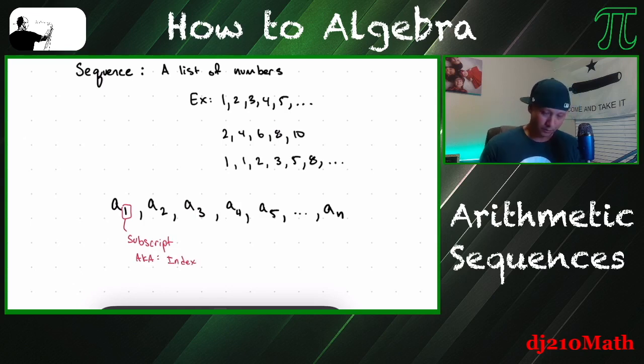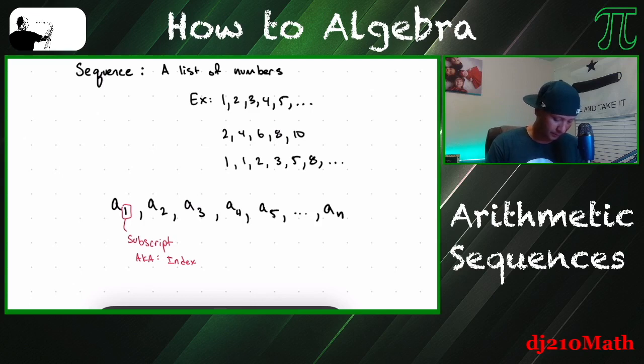So the index or the subscript, the lower number, has zero mathematical properties, right? It is not a mathematical number. All the subscript or the index does is tell you what spot in line the term is. So A sub 1, right?